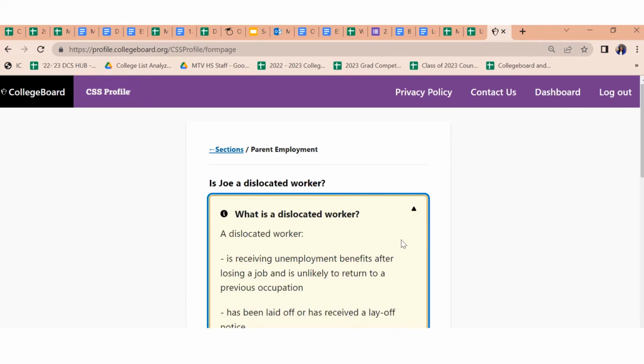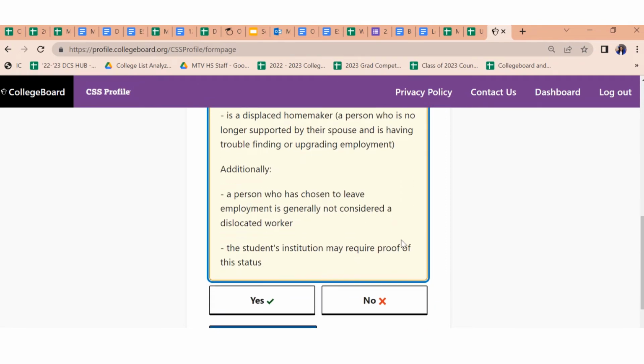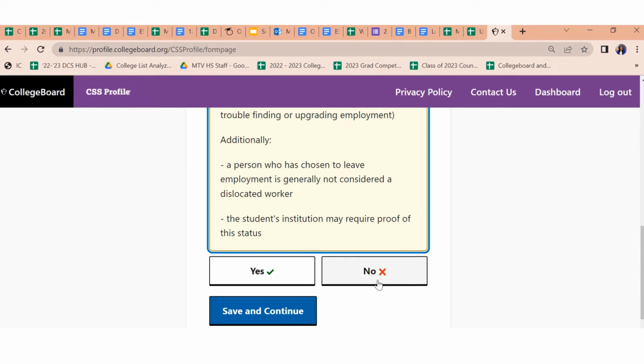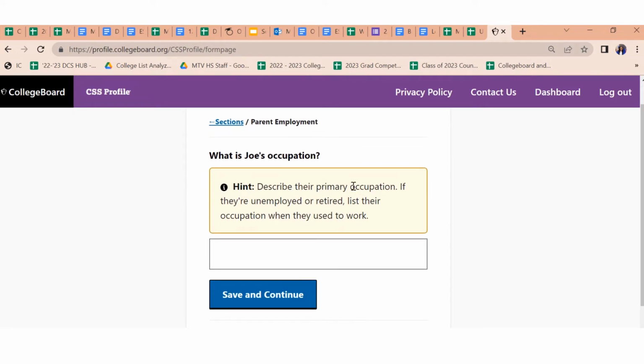If you have questions about what that is, you can look here. For this example, I'm going to select no and click Save and Continue. Also not required, what is this parent's occupation? You can skip this.